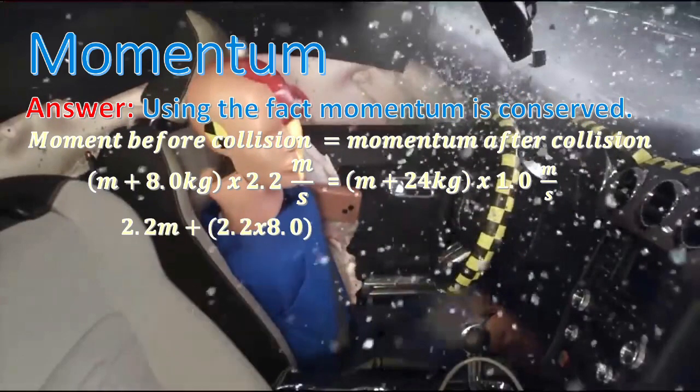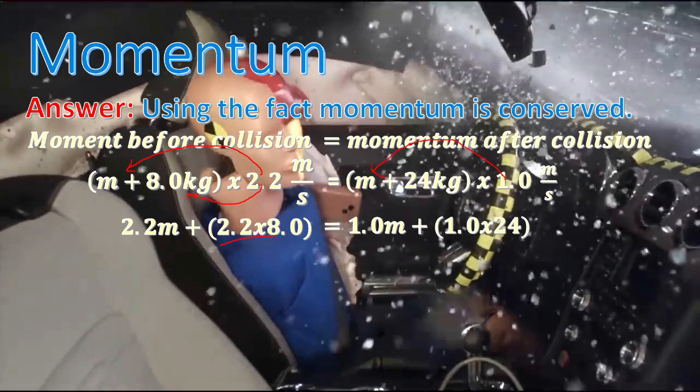Continuing our solution, multiplying our speed there, we have 2.2 m, and we have 2.2 times 8. The same thing on the other side.